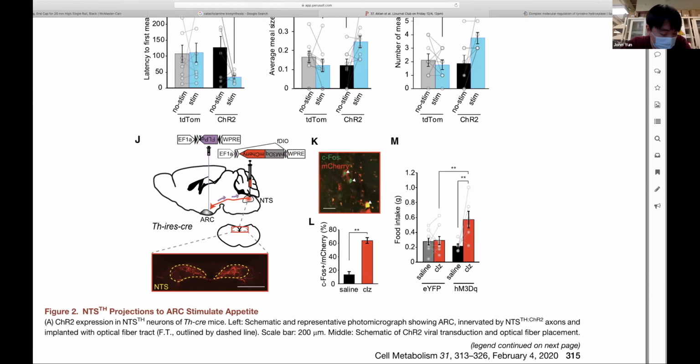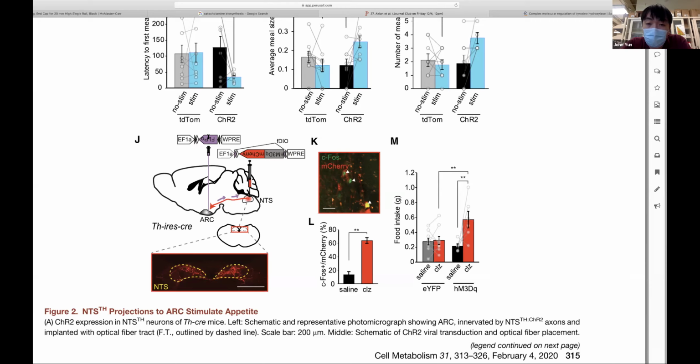To finish out the figure, figure K is showing some c-Fos activity overlapping with the Dq receptors that are expressed within mCherry. And then figure L shows the c-Fos activity when it was injected with either saline, a control group, or the CNO.